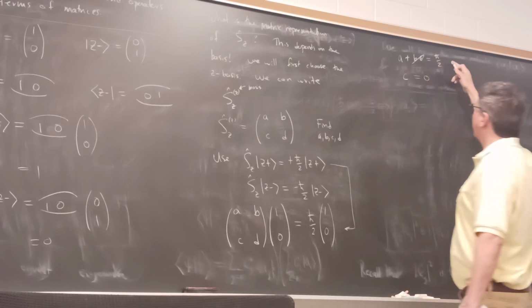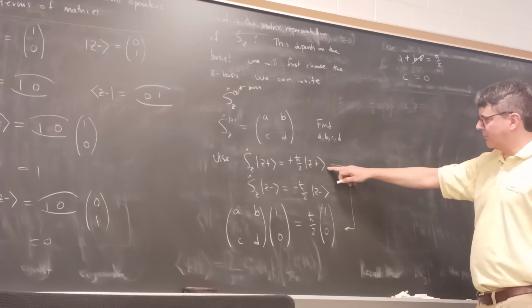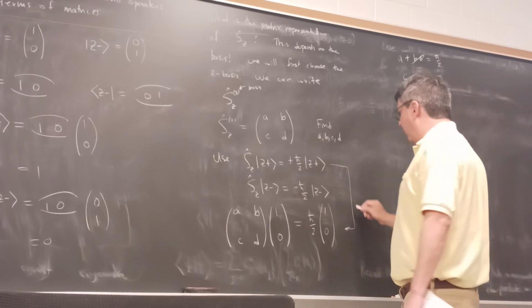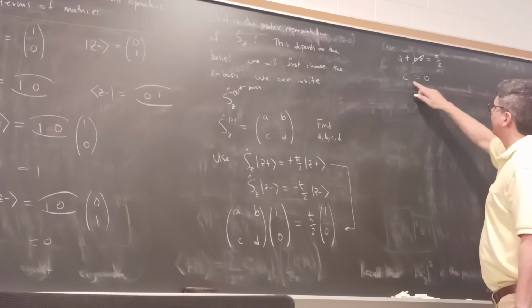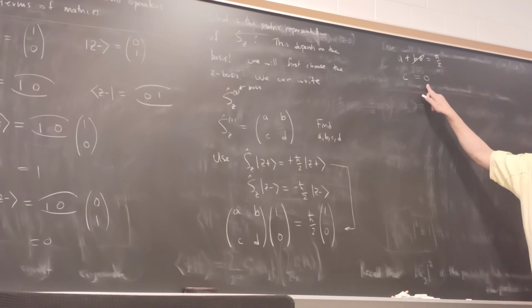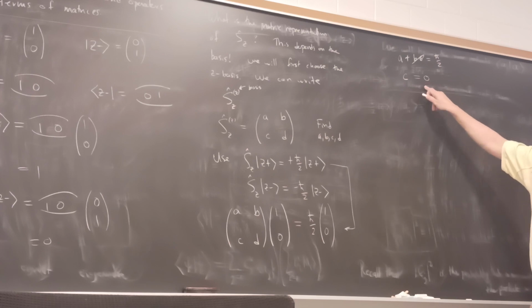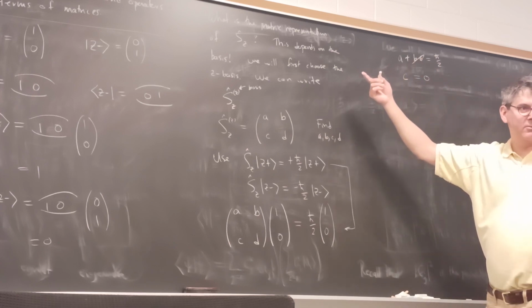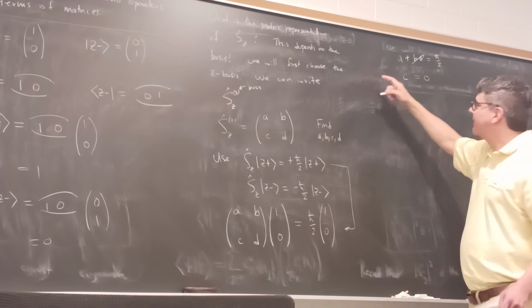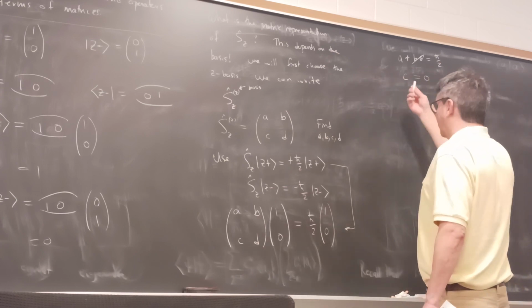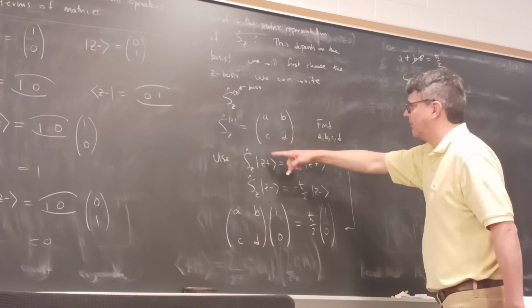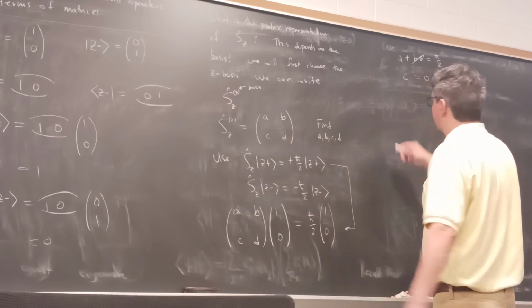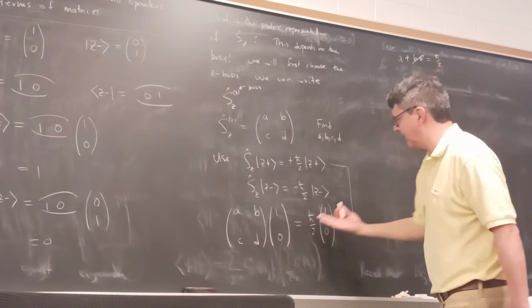Okay, so from this, we get A is h bar over 2 and C is 0. Now we multiplied B by 0, so we don't know anything about B. It doesn't have to be 0. And the same thing with D, we multiplied it by 0 here, so we don't know what D is.